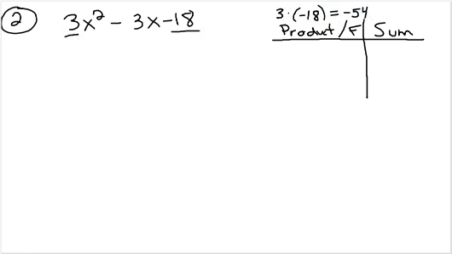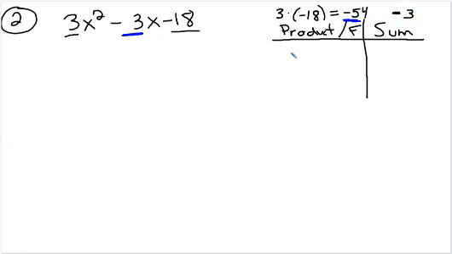So I want two numbers that multiply to get negative 54 but add up to be negative 3. Okay, two numbers that multiply to get negative 54 but combine to be this middle term.